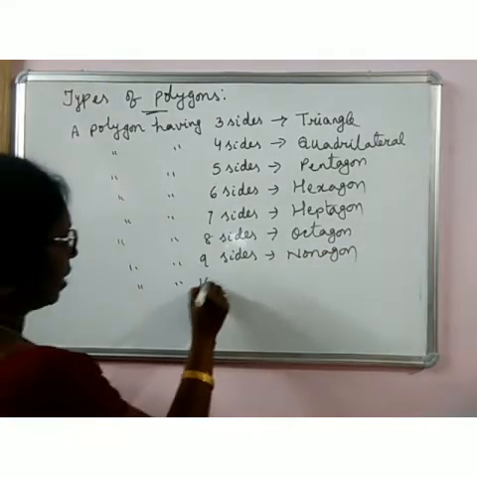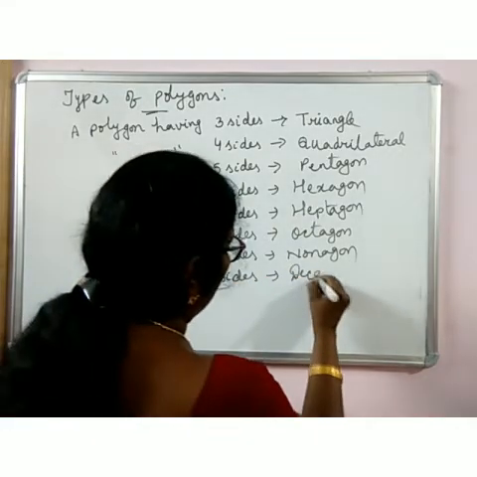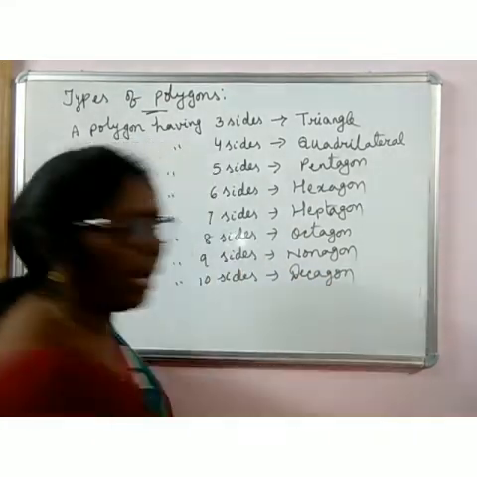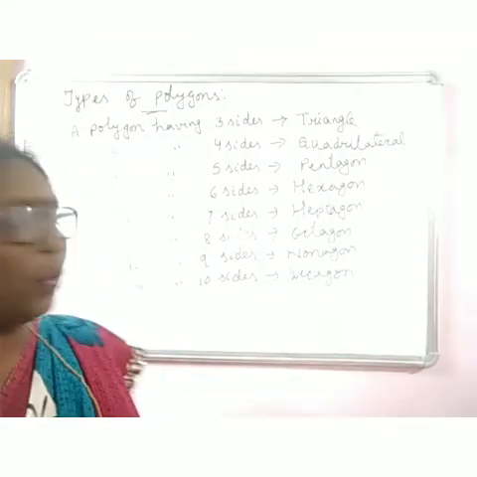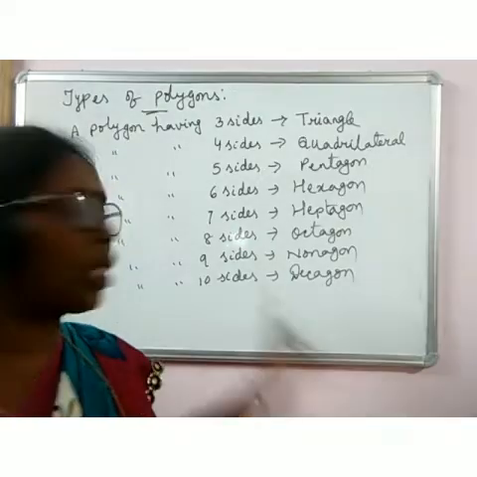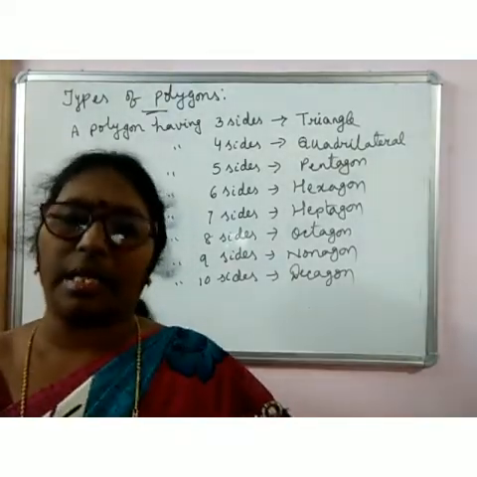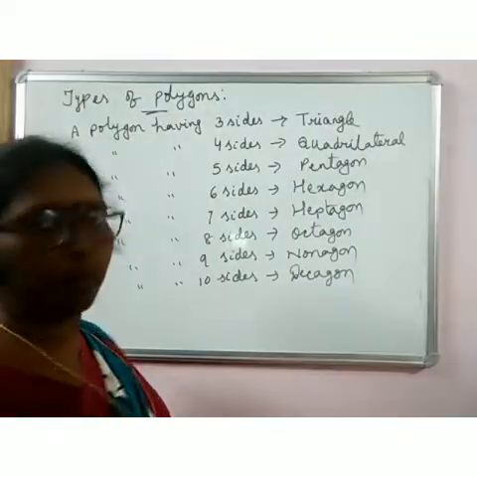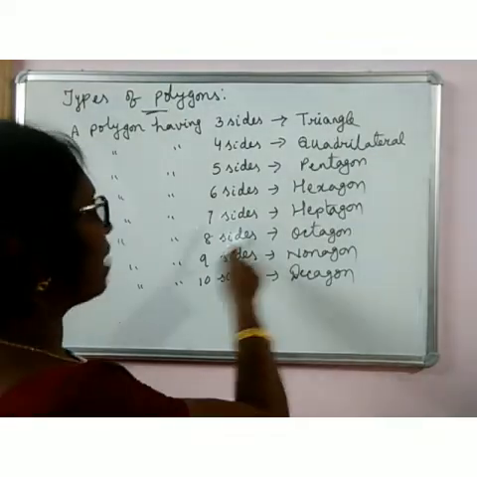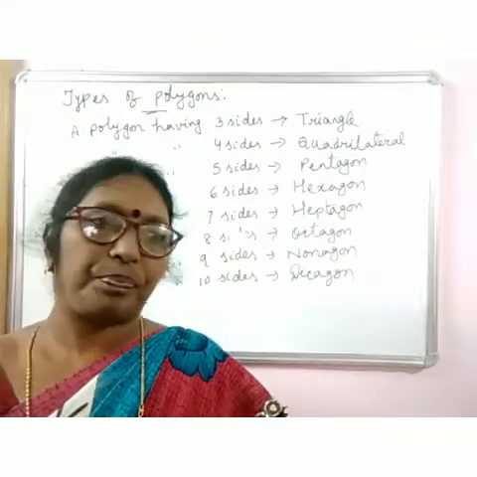And a 10-sided polygon is known as a decagon. Already you learnt what a polygon is. A closed plane figure made up of 10 sides is a decagon. A closed plane figure made up of 7 sides is a heptagon, and so on.